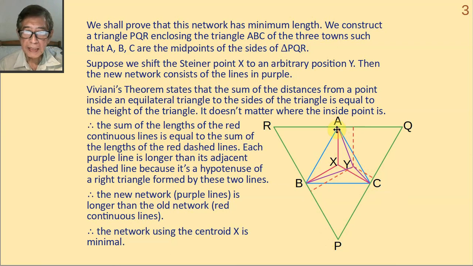But each purple line is longer than its adjacent dashed lines because the purple line and the dashed line are sides of a right angle triangle, and this purple line is the hypotenuse. Therefore, the new network, the purple lines, is longer than the old network, the red continuous lines. Therefore, the network using the centroid X is minimal.